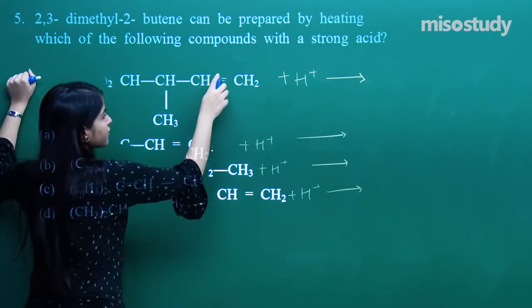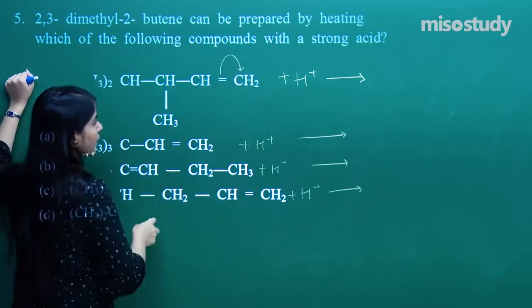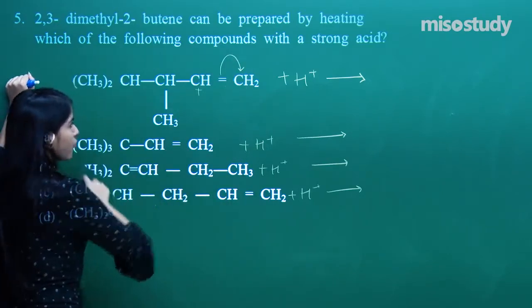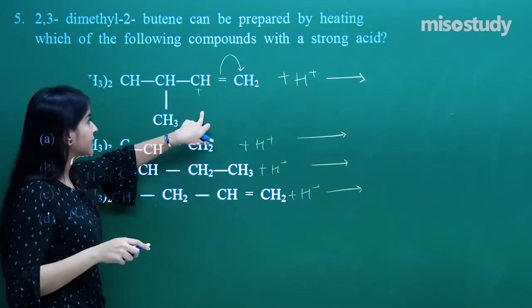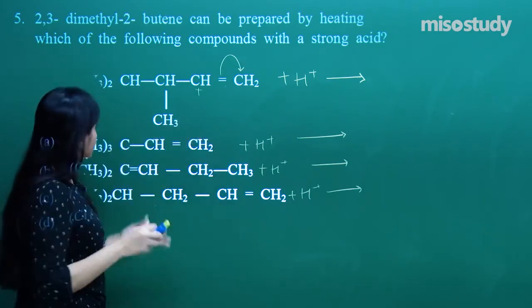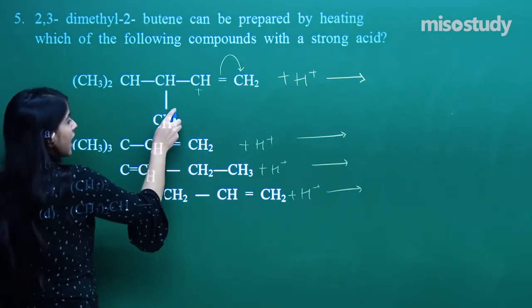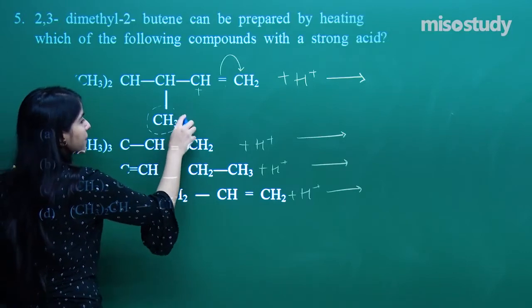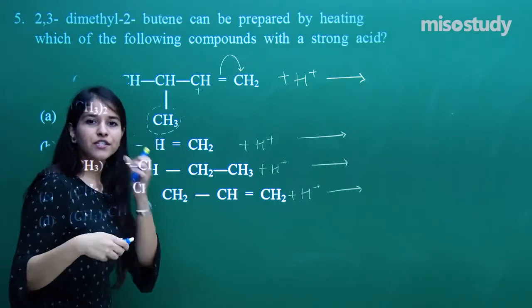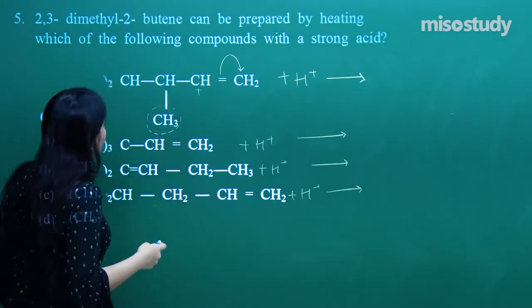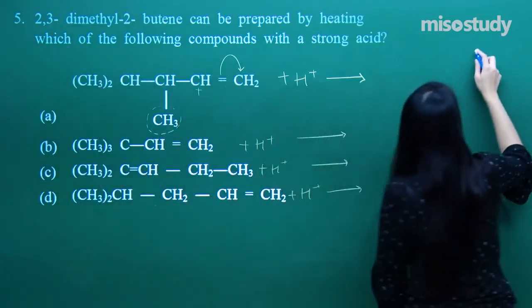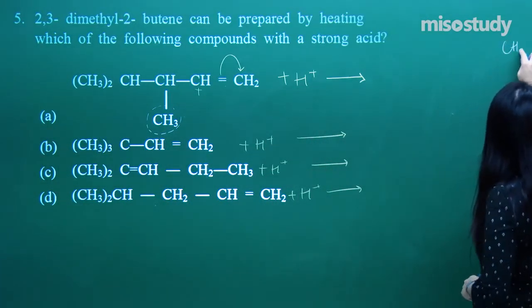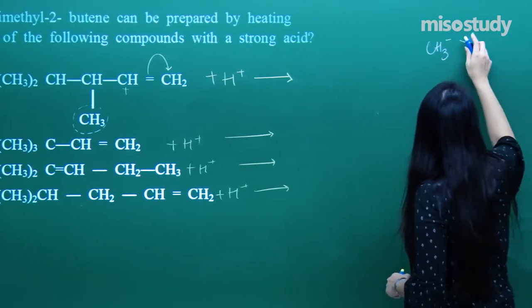So if I shift this here, what will happen? I get a positive carbocation generated over here, that is a primary carbocation. So I can shift what? I can have a methyl shift or a hydride shift. If you observe, I have got 2 kinds of shifts, a methyl shift and a hydride shift.